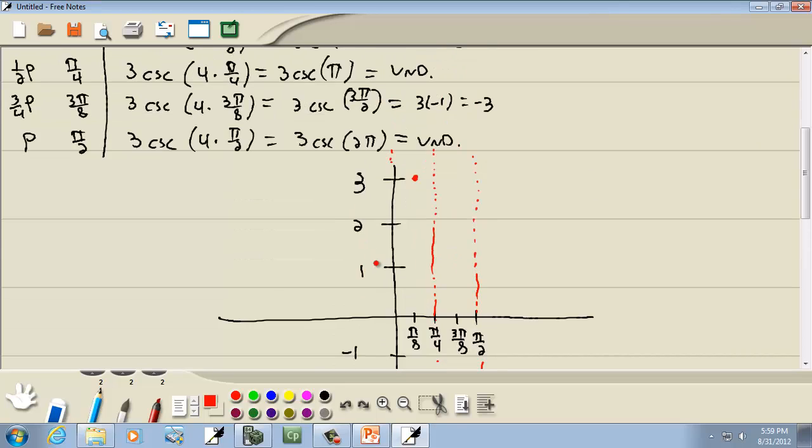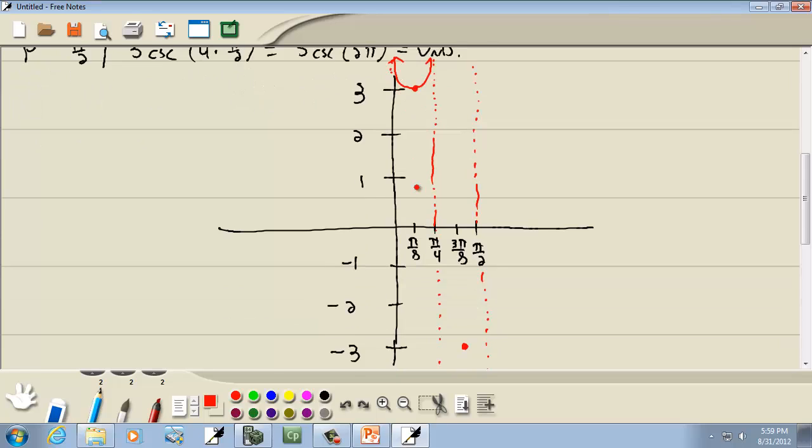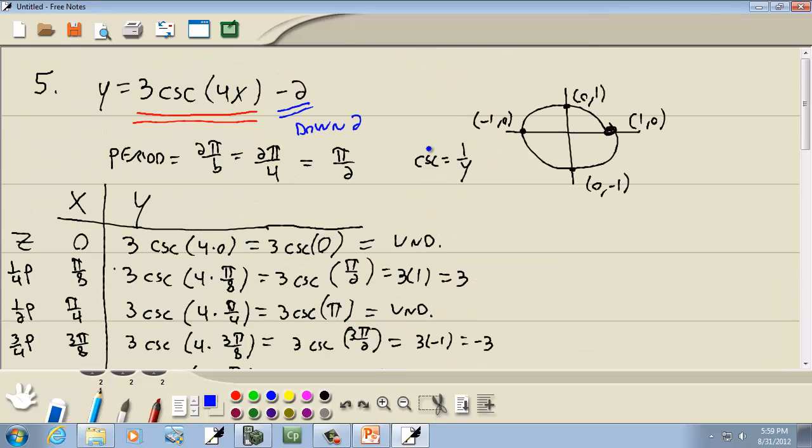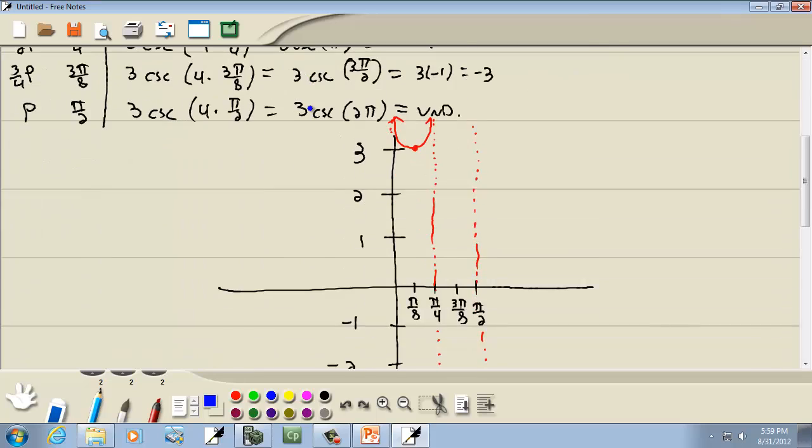Okay, let me kind of sketch these, what that kind of looks like. So comes down like that, touches at a point, goes back up, and that would be our graph. This one, again, comes up, touches at a point, goes back down, and that would be our graph. Now if we look up here, we said we're going to shift our entire graph down 2 places.